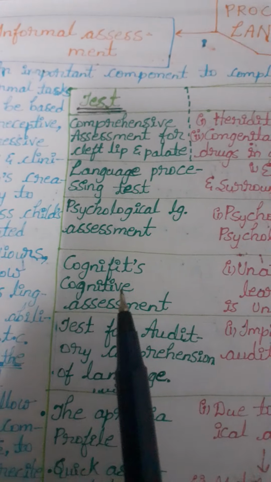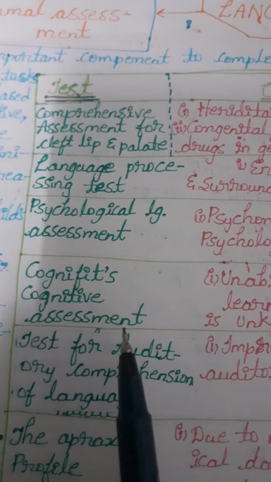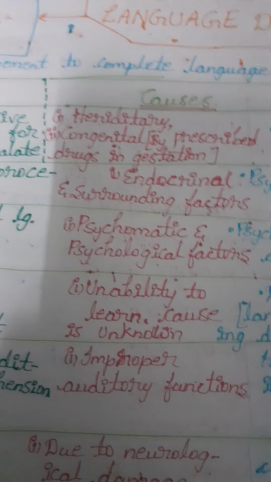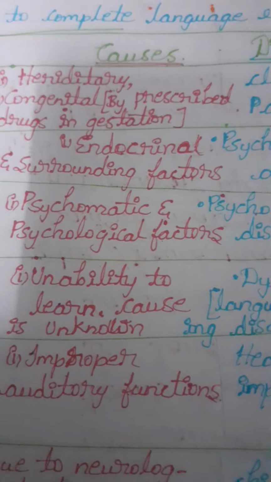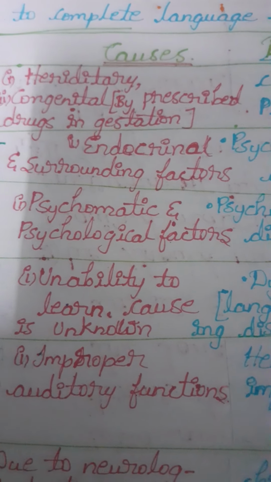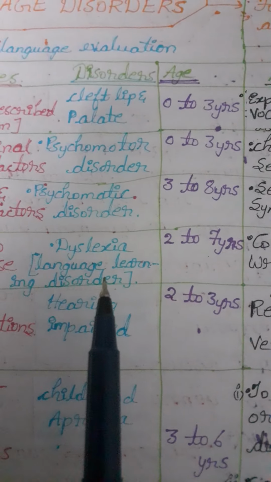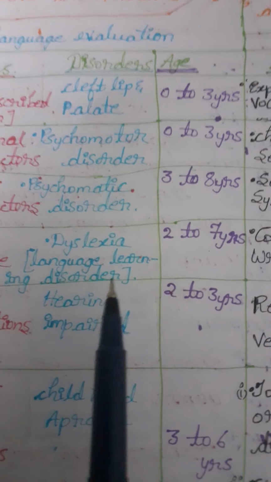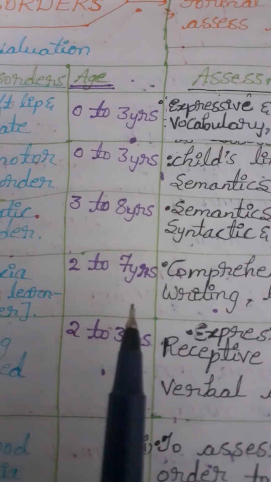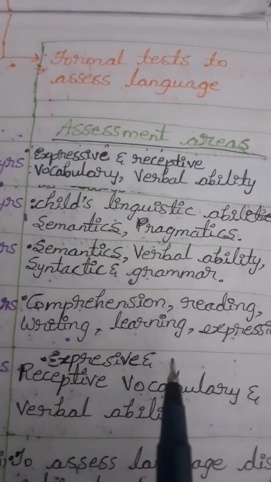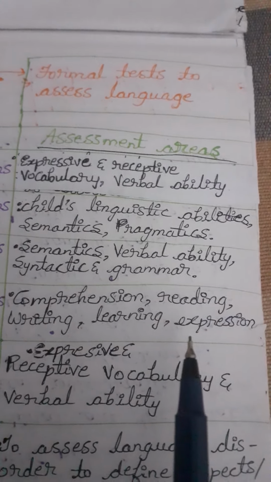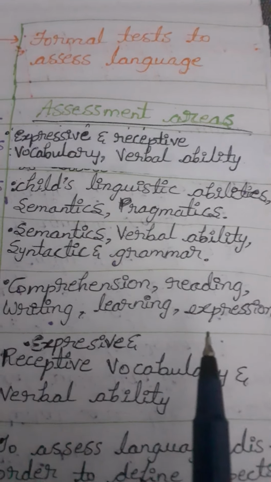Another test is Cognifit's cognitive assessment test. Causes are unknown till now. It is inability to learn. Disorder name is dyslexia, the language learning disorder. Ages affected are 2 to 7 years. Assessment areas are comprehension, reading, writing, learning, and expression.